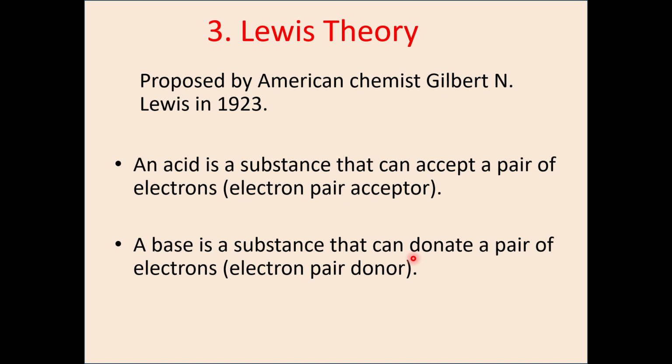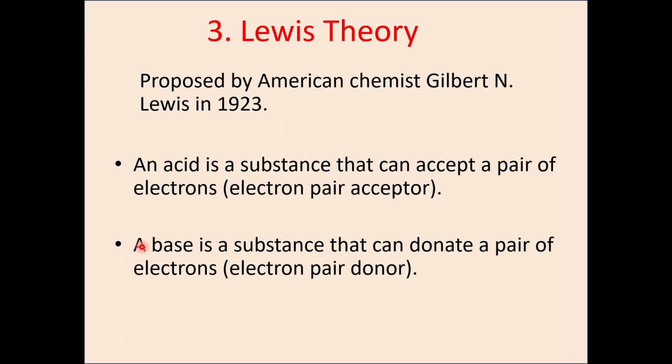Now we will go to Lewis's theory, proposed by the American chemist Gilbert Lewis in 1923. An acid is a substance that can accept a pair of electrons, an electron pair acceptor. We also call an electron pair acceptor a Lewis acid.